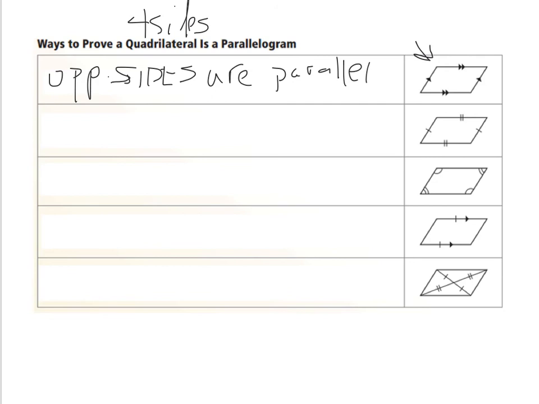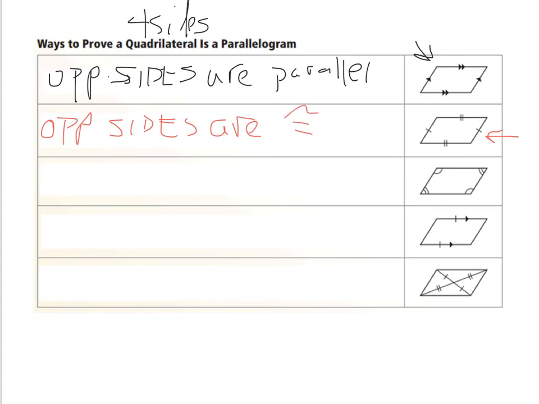Okay, go to the next one. Why would that be a parallelogram? Because the opposite sides are congruent.